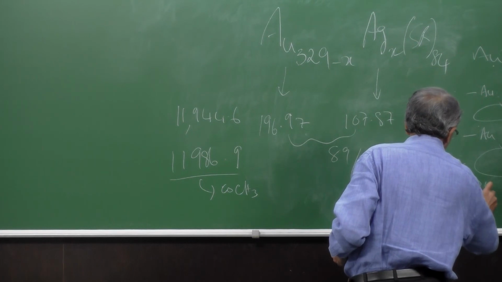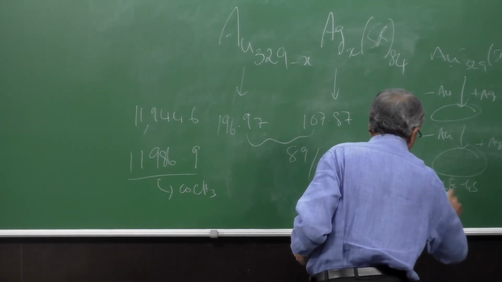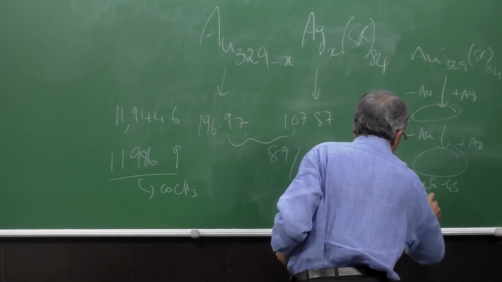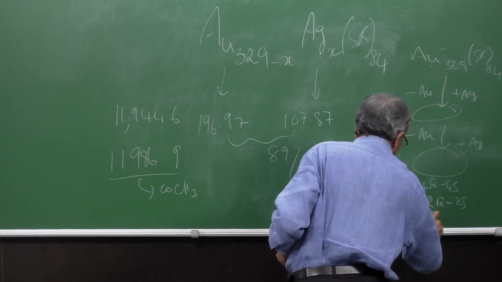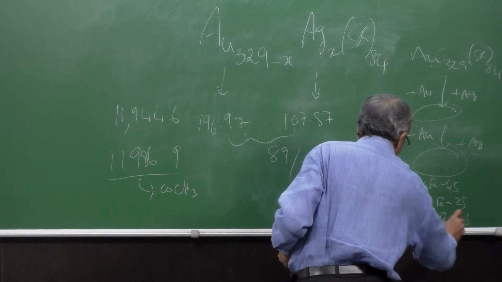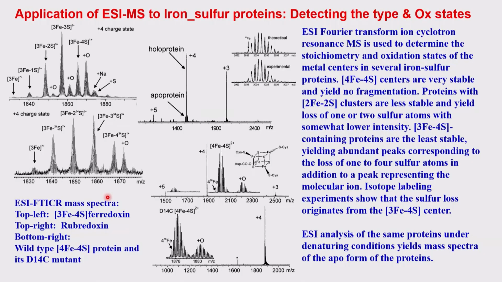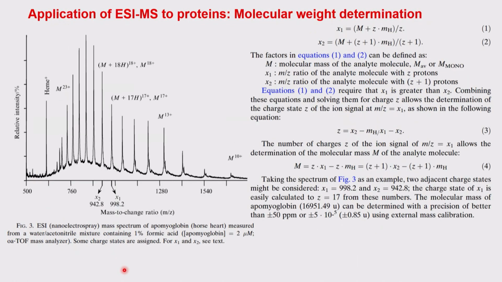In the ferredoxin, the 4 iron 4 sulfur clusters, or 2 iron 2 sulfur clusters, or 3 iron 4 sulfur clusters, all these kinds of things can be identified from this. So you can use it as a technique for this.